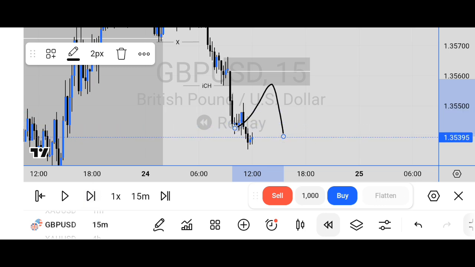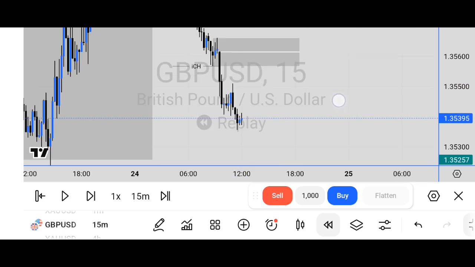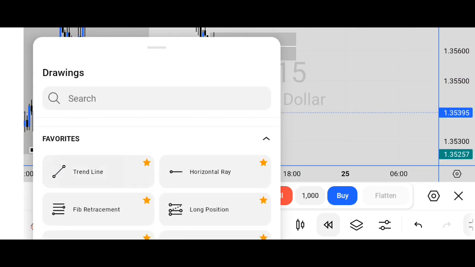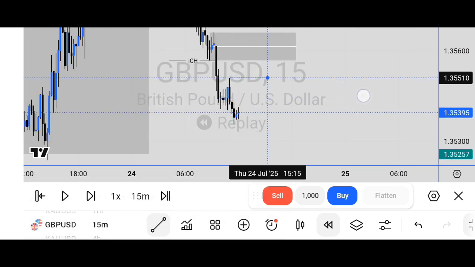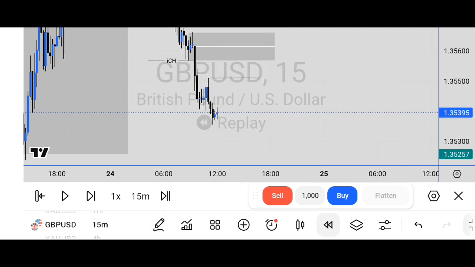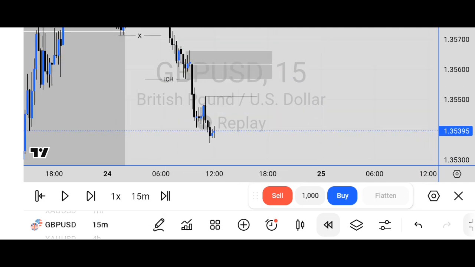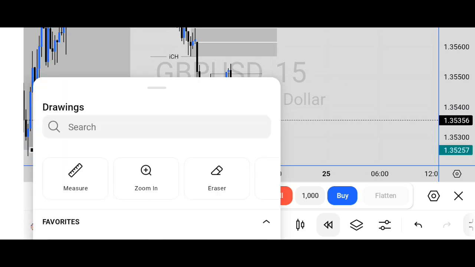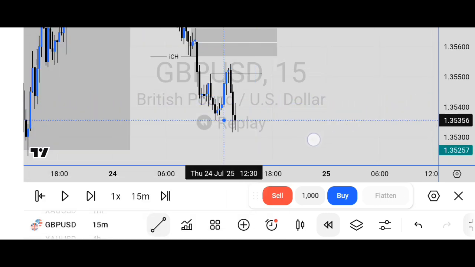Okay, as you can see, price gave us inducement right here. Then we wait for price to take out the inducement and tap into our CHoCH zone. So let's play the price forward. Price took out the inducement and still dropped lower.